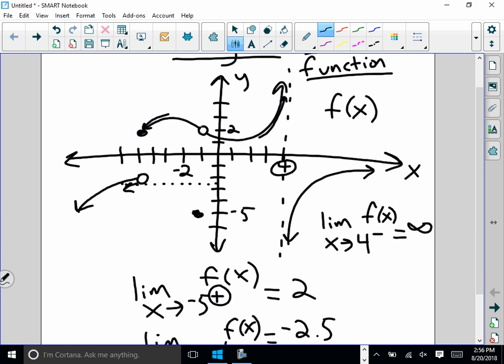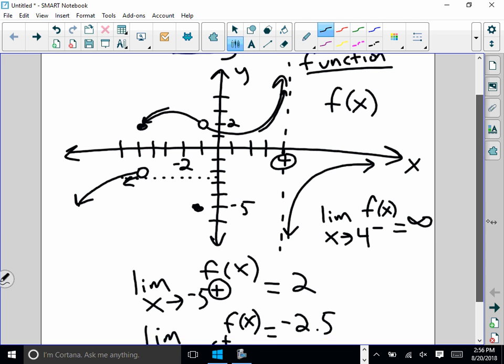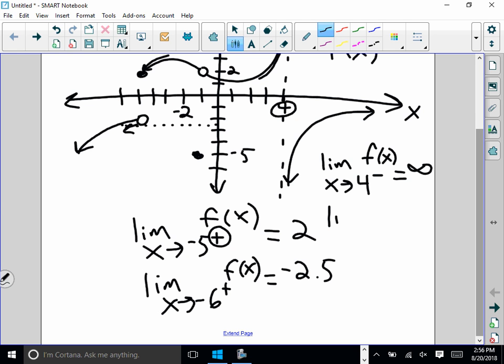The answer is we are approaching positive infinity. Okay. Let's try another left-hand limit of one that we've already done. Let's take a look at the limit as x approaches -5 from the left-hand side. Go ahead, pause the video and answer that question. What is the limit as x approaches -5 from the left side?